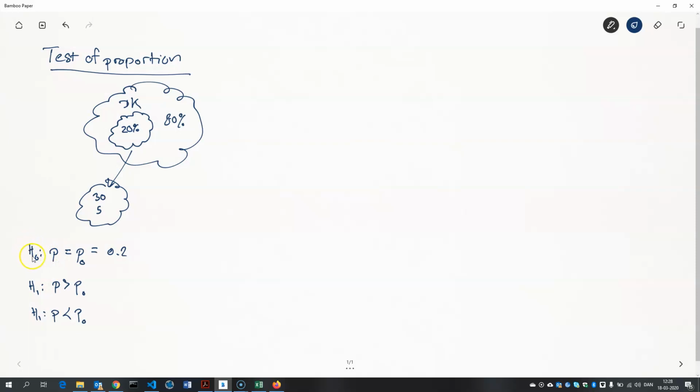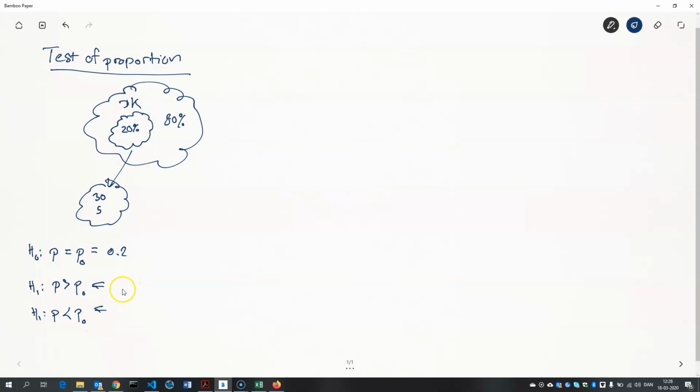So let's think about the scenario. Let's think about the case where we actually reject the null hypothesis. So are we to accept this alternative hypothesis or this? Which one should we choose to work with?